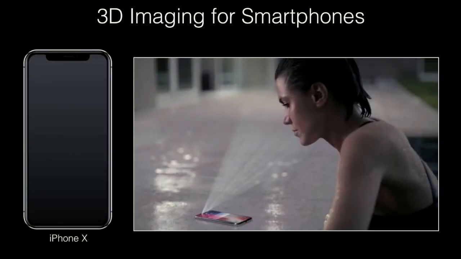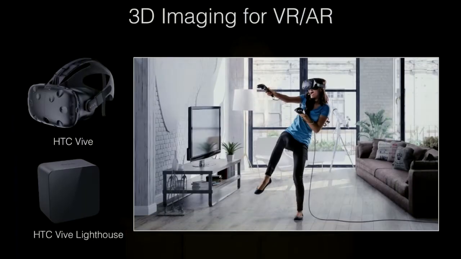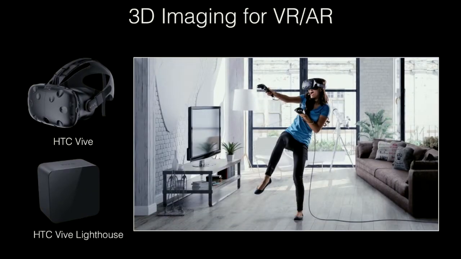For example, the iPhone X has a miniature version basically of the Microsoft Kinect inside, and they use it for 3D facial authentication for your phone. These kinds of techniques have a lot of applications in augmented reality and virtual reality, scanning your environment, being able to track a person, your hands, or simply digitizing your living room to put virtual furniture in is something that's kind of really important in these emerging AR/VR systems.